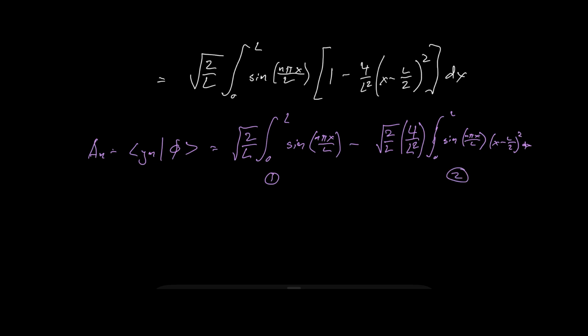Alright, so number 1 is pretty easy to solve. Okay, it's just sine, and then the integral of sine is negative cosine.